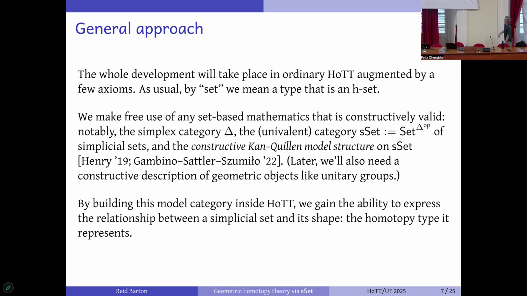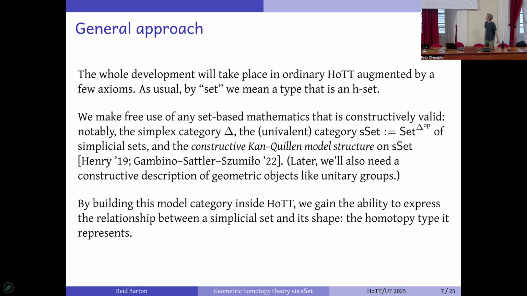This might be something you're used to thinking of as happening in the metatheory to produce a model, but I really want to emphasize that that's not my plan. My plan is to take the whole 50 pages or so of this GSS 22 paper and write them all down inside homotopy type theory. And then inside homotopy type theory, I have a model structure, whatever exactly that is, on the category of simplicial sets, which also live internally to my development.